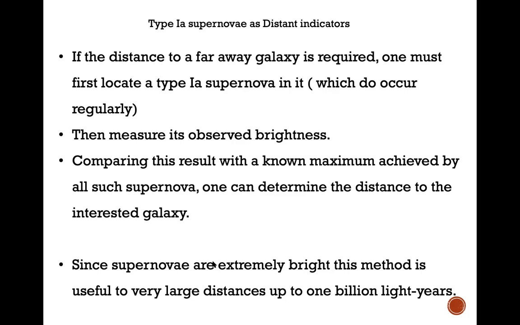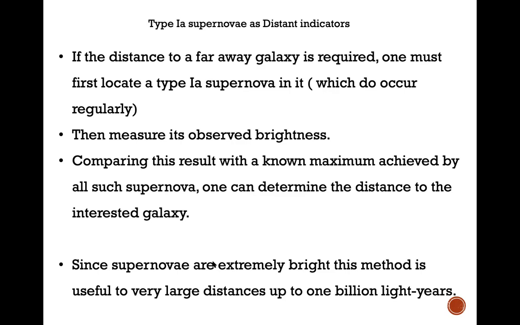They have this maximum brightness value, and that is the same for all the supernovas. This is the advantage we have, because when you observe the brightness of a certain supernova, we use that with the curve that we already have, and then you compare those and get the distance, right? So that's how you do it.